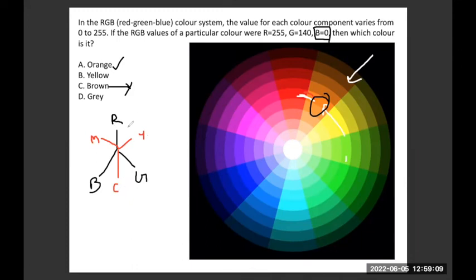Between red and yellow, you will get orange. Between yellow and green, you will get lime green. Between cyan and green, you will get a different tone of green, a bluish green combination. Between blue and cyan, you will get a grayish blue tone. Between blue and magenta, you will get something like a darker violet tone. Between magenta and red, you will get a pink.